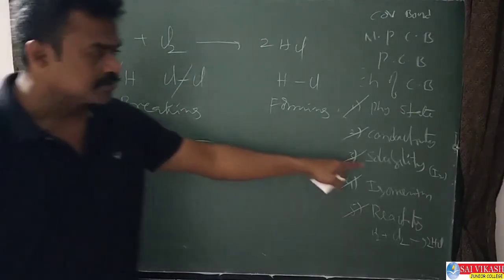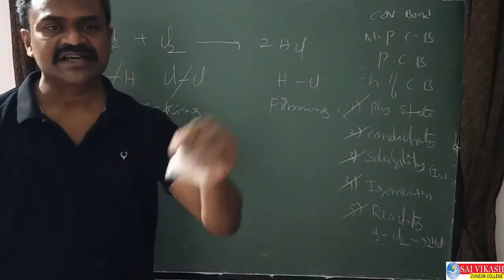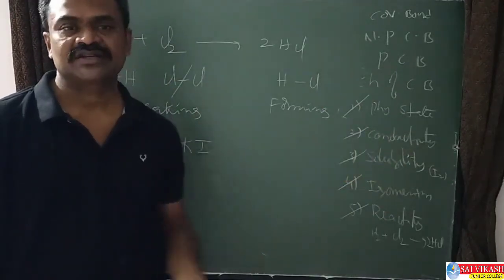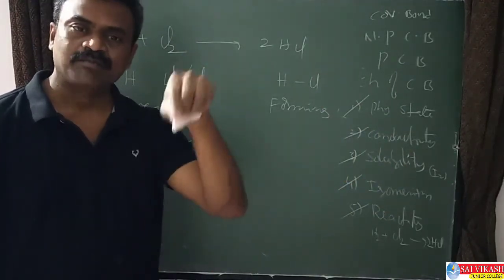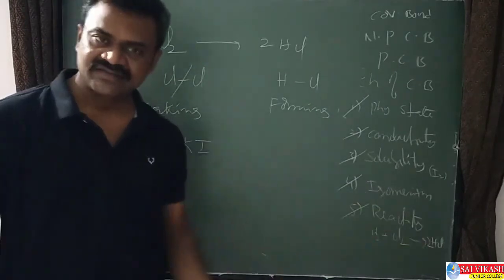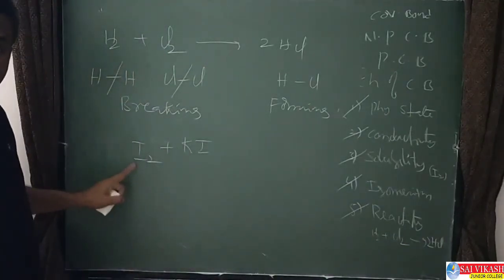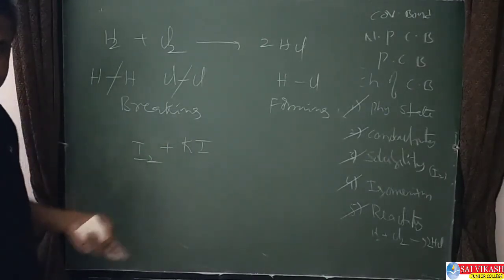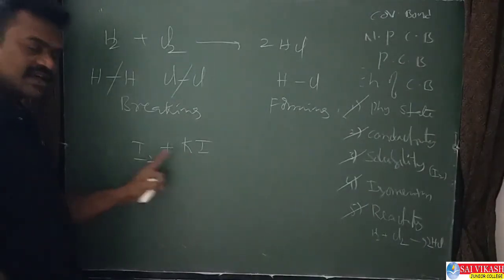I told you, solubility means what? Like dissolves like. If the compound is covalent, it is soluble in non-polar solvents. If the compound is polar, it is soluble in polar solvents. So this is actually non-polar, but it is soluble in the polar solvent. Completely opposite. Why is it dissolving in the polar solvent?